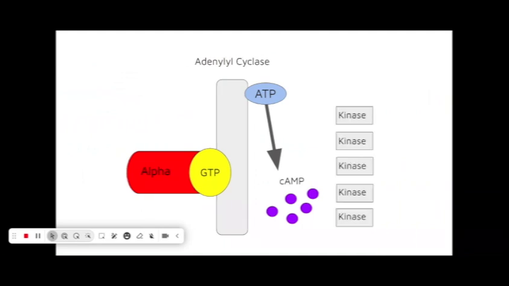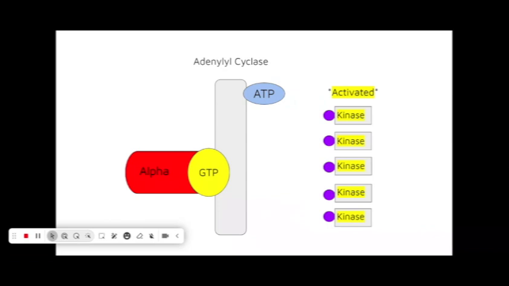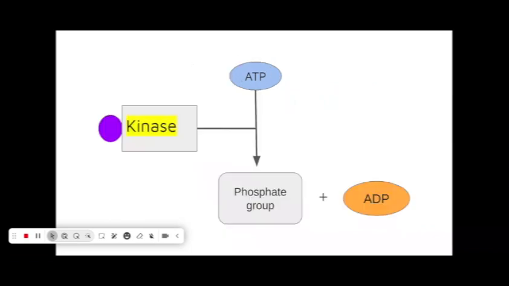And what these cAMP molecules can do is bind to inactive kinases. And you might wonder what kinases can do. Well, once cAMP binds to them, the kinases become activated. And kinases can break down ATP into a phosphate group and a molecule of ADP, because that's what makes up ATP.